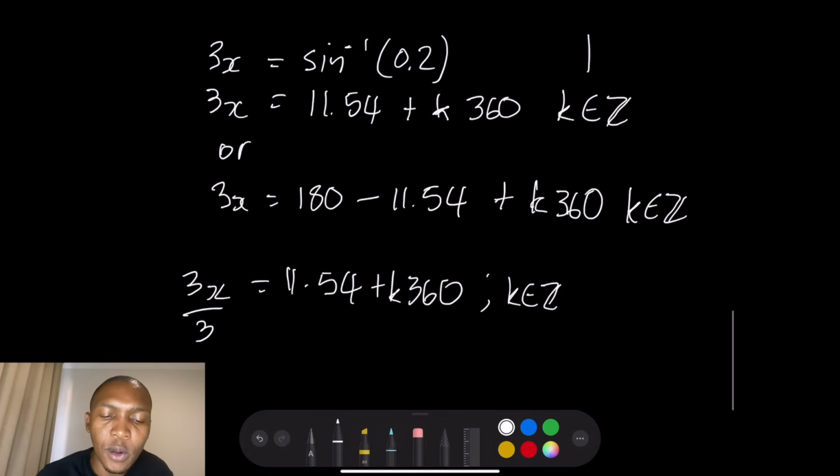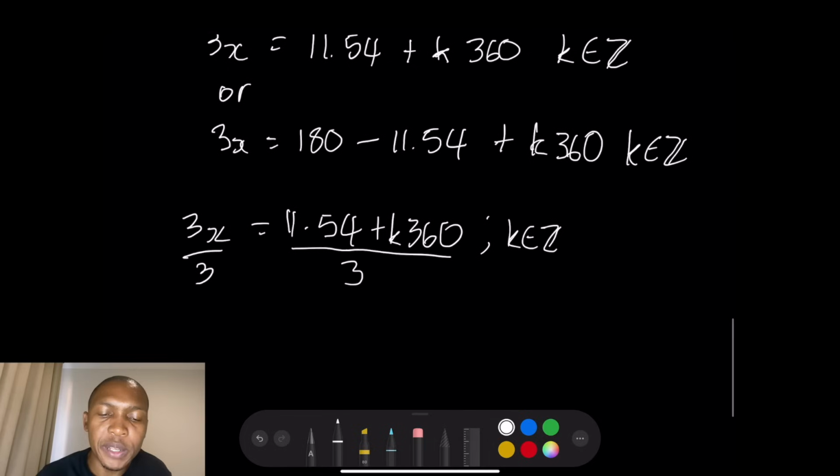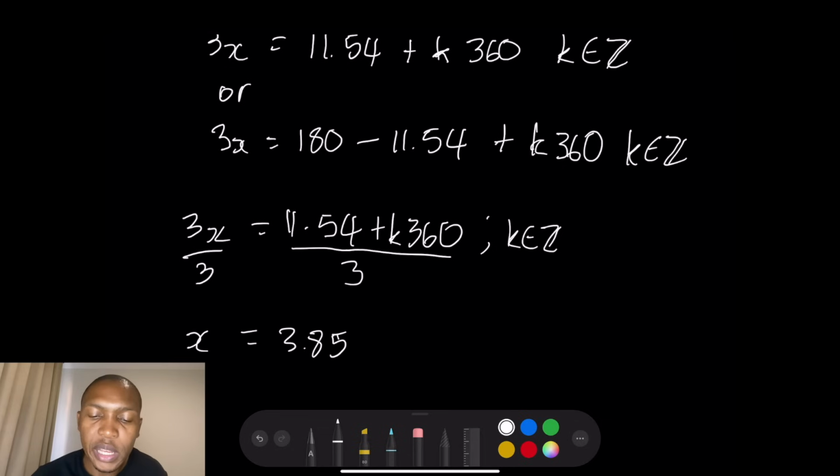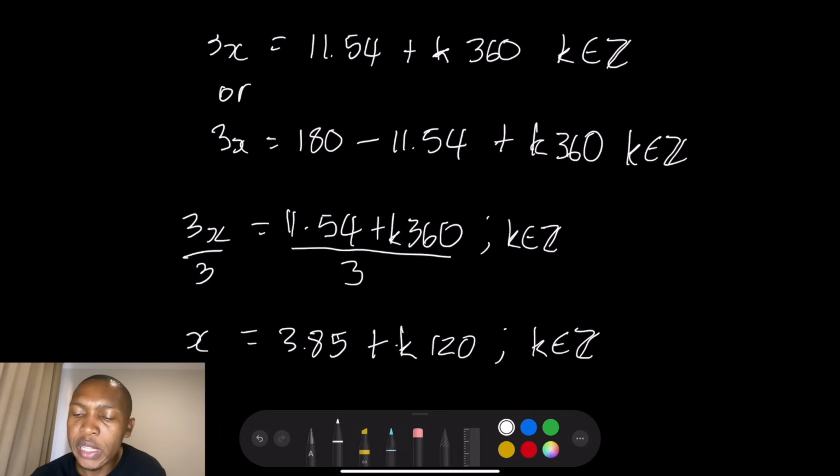So divide by 3 on both sides, and remember, everything should be divided by 3. So x is equal to 3.845 plus 360 divided by 3, which is 120. So this is plus k120, where k is an element of integers.